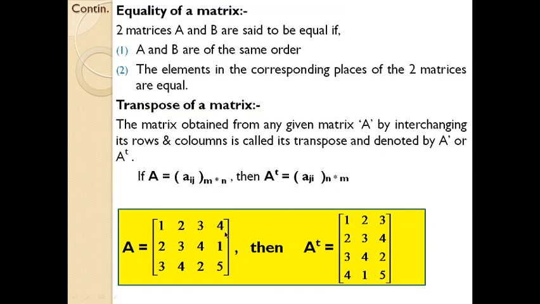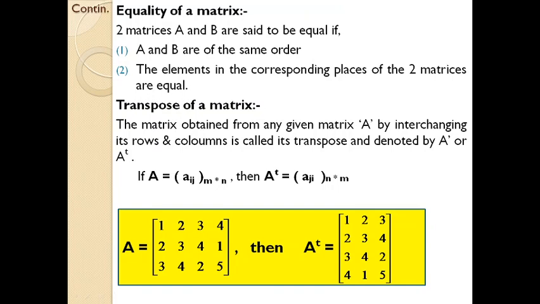Likewise, the rows of the first matrix are interchanged to the columns of the second matrix, and the columns of the first matrix are interchanged to the rows of the second matrix. So this matrix is known as the transpose of the first matrix, that is represented by A raised to T. The whole concept is known as transpose of a matrix.